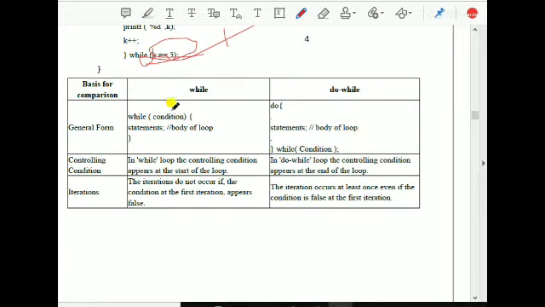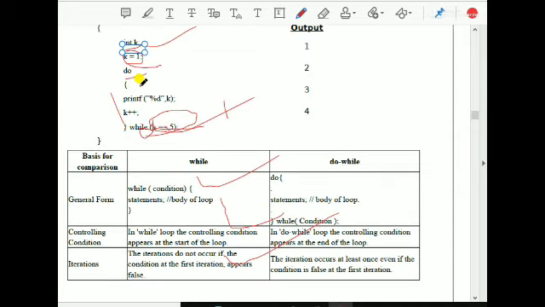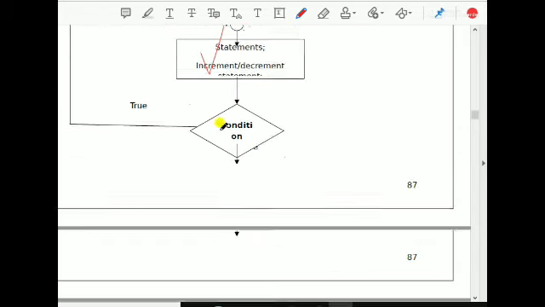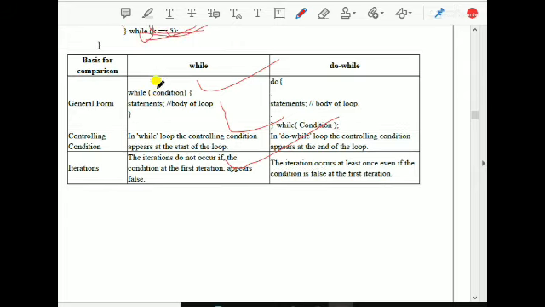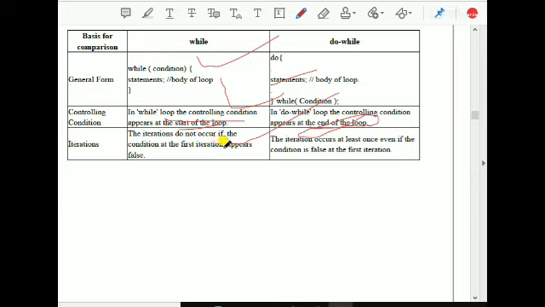So if you study these three, write these three here, and in while loop also you can write this. In while loop, the controlling condition appears at the start, and in do while at the end, and iteration does not occur if the condition is false.